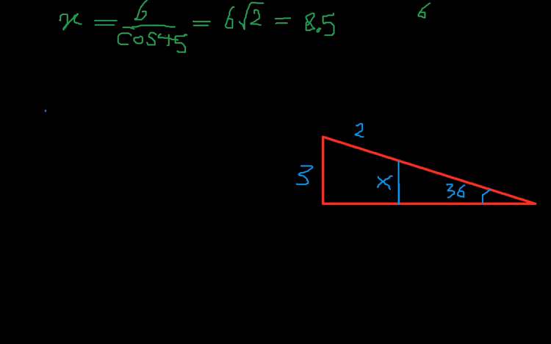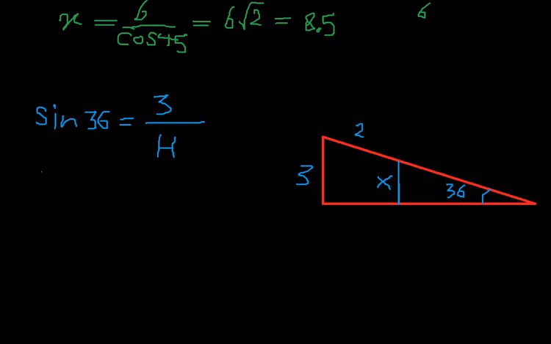So sine of theta, which is 36 degrees, is equal to opposite, which is 3, over our hypotenuse, let's call it big H.